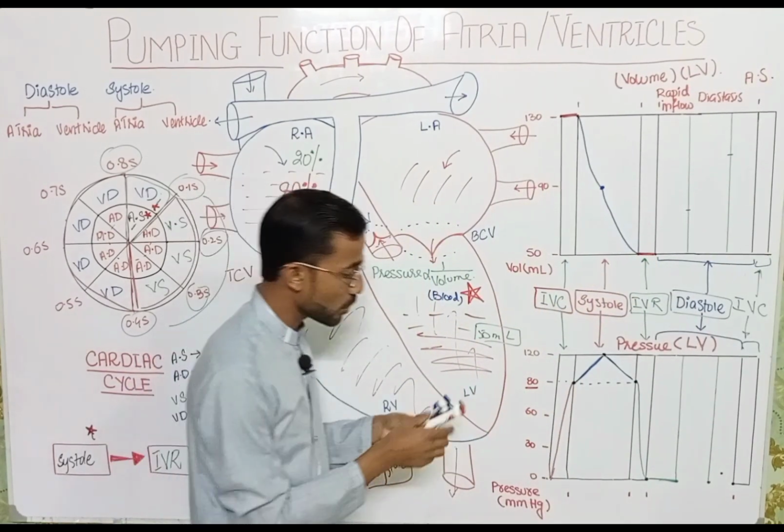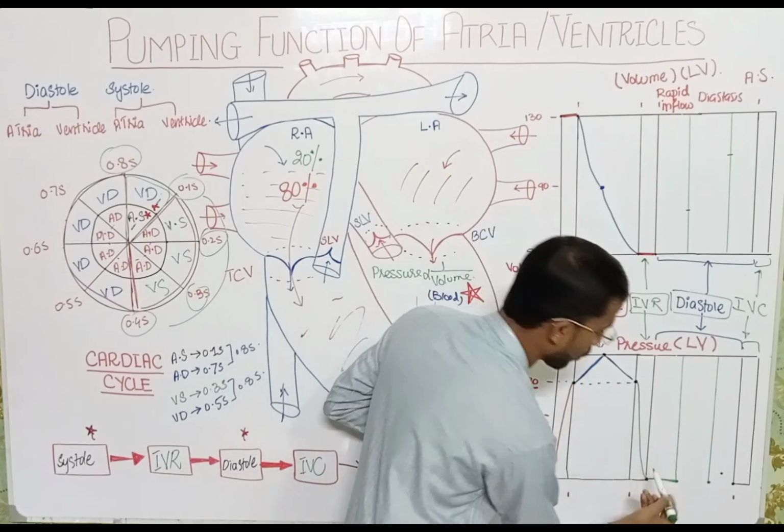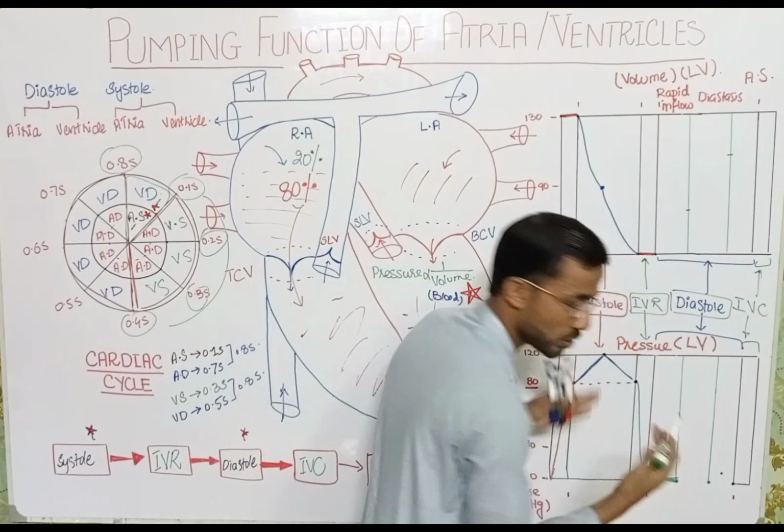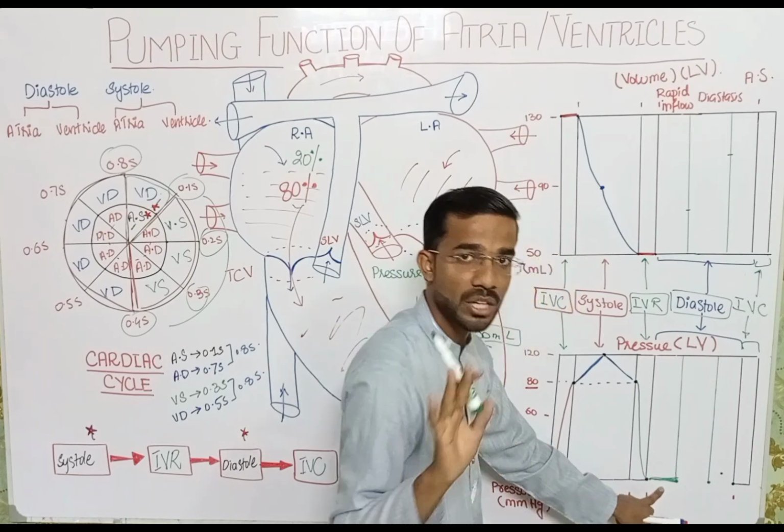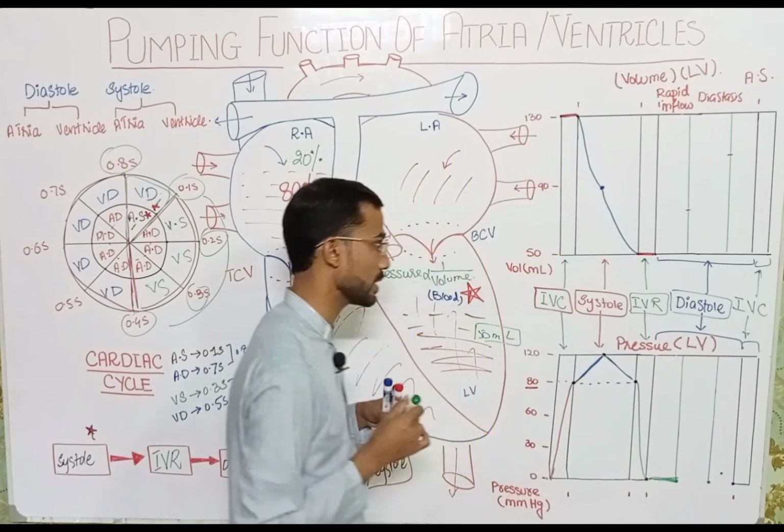So first of all, in the first state of the diastole, the pressure will be 0 millimeter mercury. Okay, this is the case.